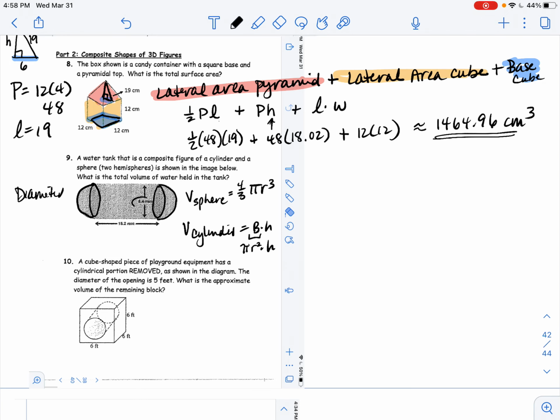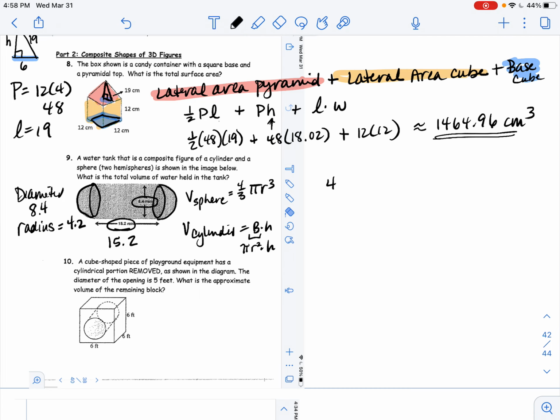The diameter, which is really hard to read on my diagram, is going to be 8.4, so my radius is half of that, which is going to be 4.2. The height of this cylinder is 15.2.